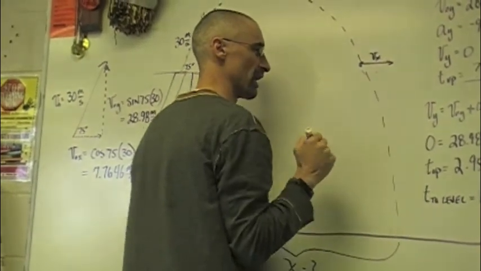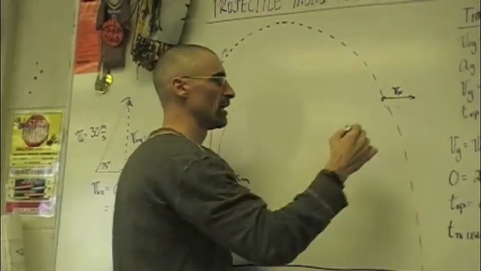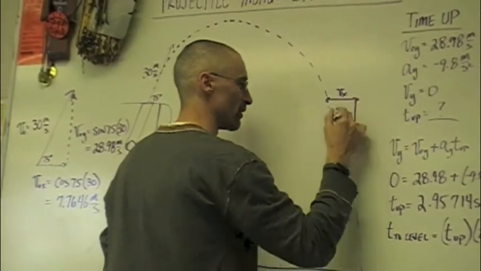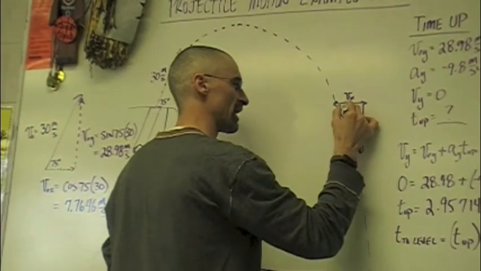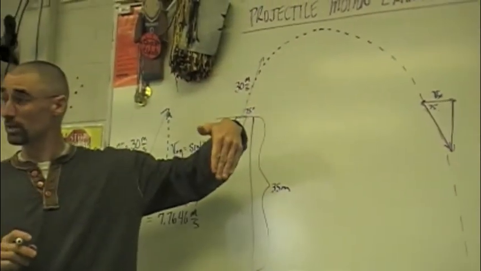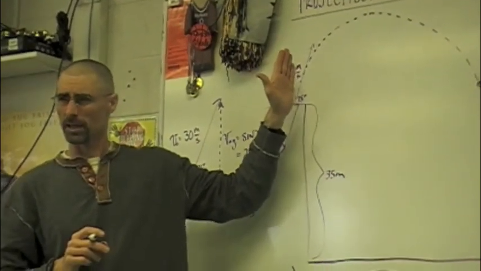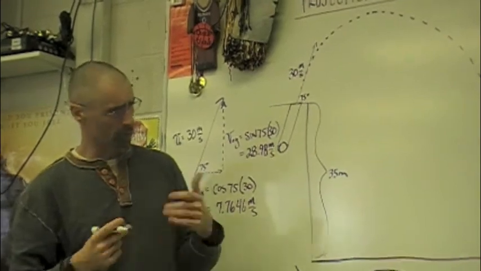The Vx should be the same, but the Vy, instead of pointing up, is going to point downward, right? So legitimately, would our vector at that point be 75 degrees below the horizontal now instead of 75 degrees above it? Can everybody see that? Okay, that's a pretty important leap.